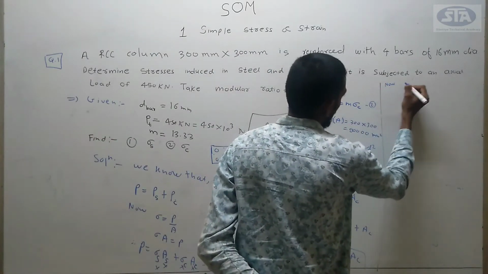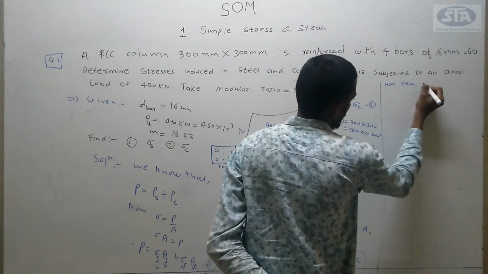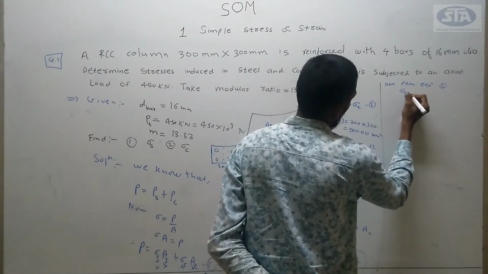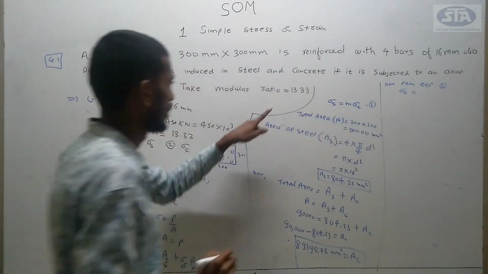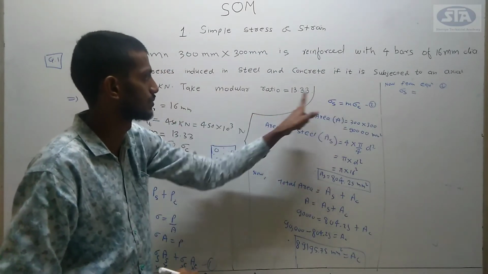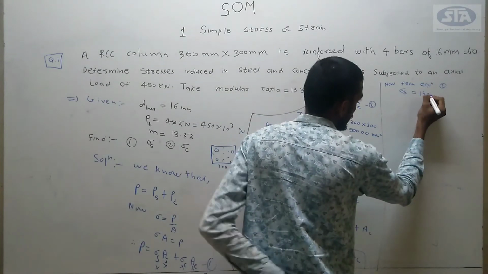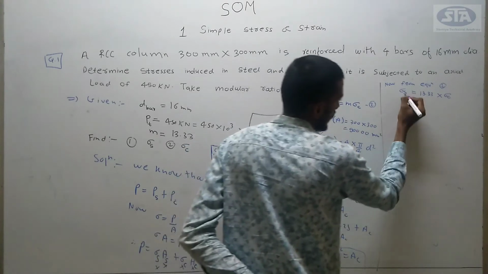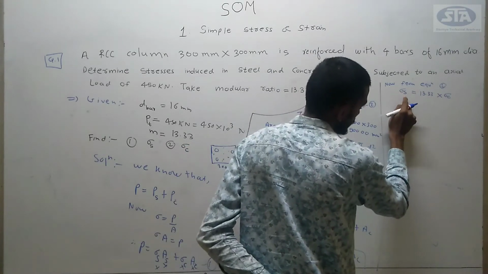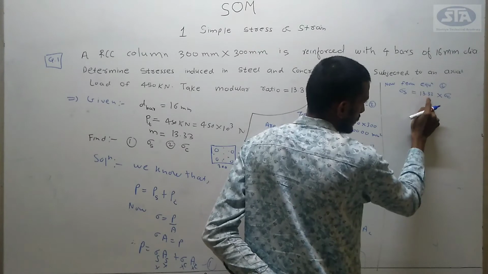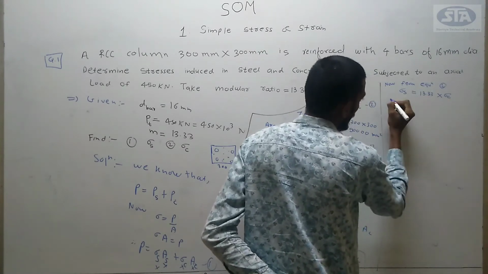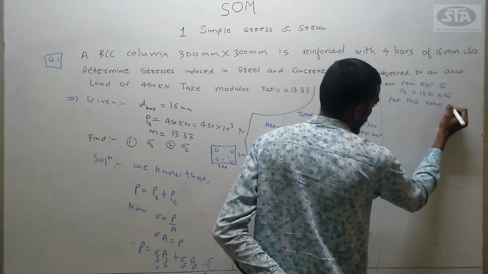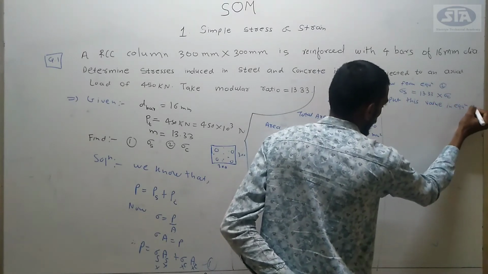Now from equation 2, sigma of steel is equal to the modular ratio, which is 13.33, times sigma of concrete. Put this value in equation 1.